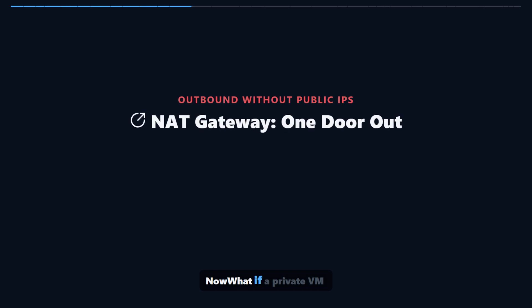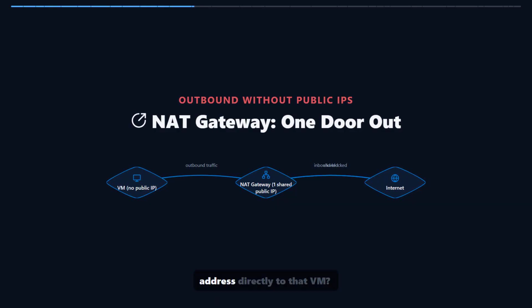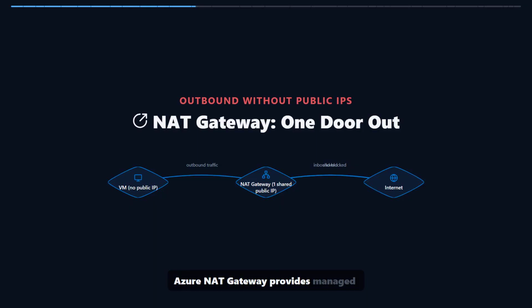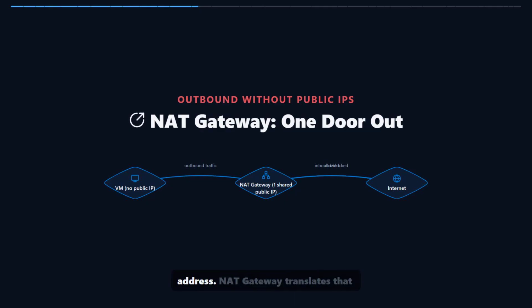Now, what if a private VM needs to download updates or connect to an external service, but you do not want to assign a public IP address directly to that VM? Azure NAT Gateway provides managed outbound internet connectivity for one or more subnets. The VM sends traffic using its private address.